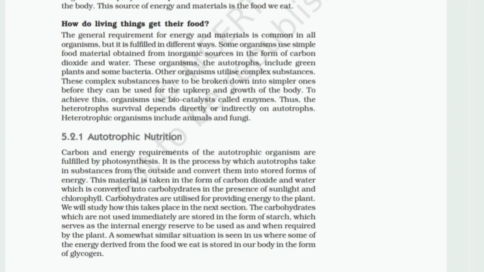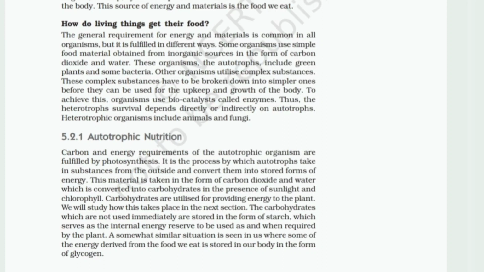These complex substances have to be broken down into simpler ones before they can be used for the upkeep and growth of the body. To achieve this, organisms use biocatalysts called enzymes. Thus, the heterotroph's survival depends directly or indirectly on autotrophs. Heterotrophic organisms include animals and fungi.